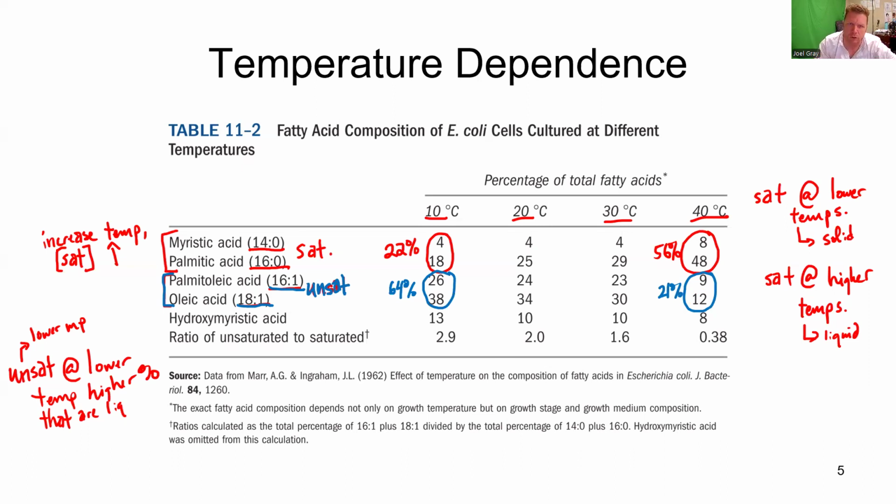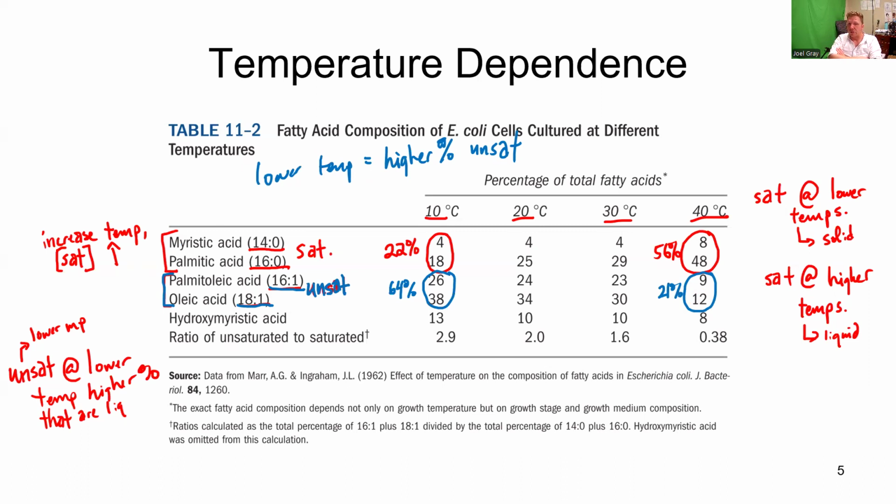At lower temperatures, lower temp equals higher percent unsaturated fatty acids. Do you still have some saturated fatty acids? Yes, you do.